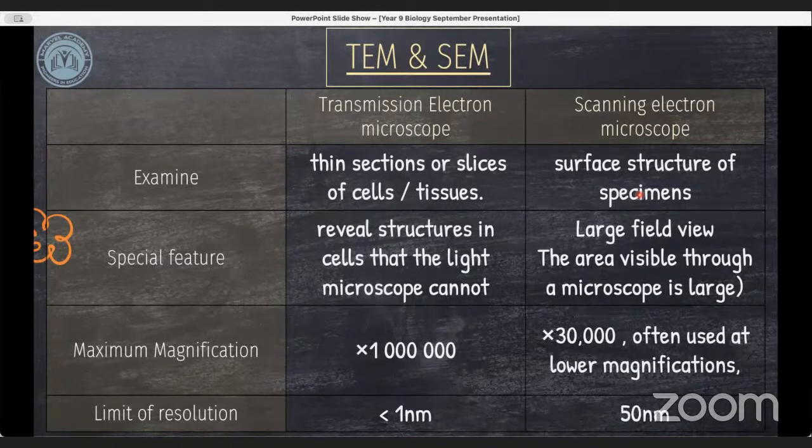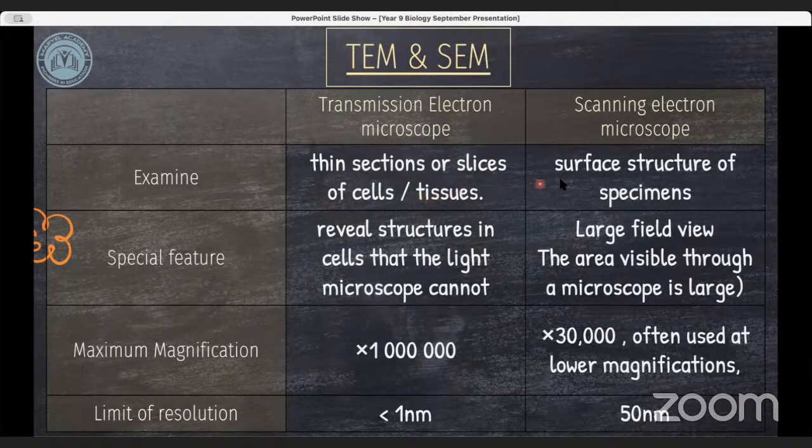Yes, children, what happens here? You can see that with the transmission electron microscope, when you are examining, you can examine only thin or slight cells. That means thick ones you can't, right? Why, children? Because the beam is not sufficient to be transmitted through those thick layers of cells.